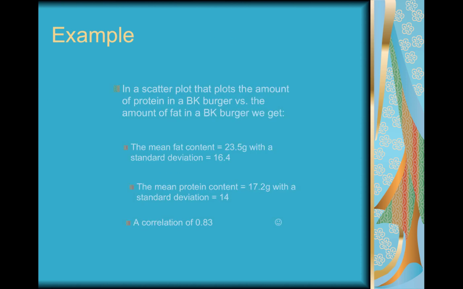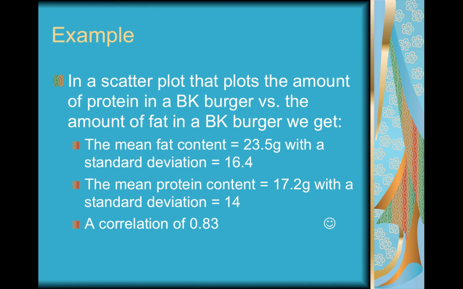For example, we're going to use the same example that we started with in the previous video. In a scatter plot that plots the amount of protein in a Burger King burger versus the amount of fat in a Burger King burger, we find that the mean fat content was 23.5 with a standard deviation of 16.4. The mean protein content is 17.2 grams with a standard deviation of 14, and it has a correlation coefficient of 0.83.